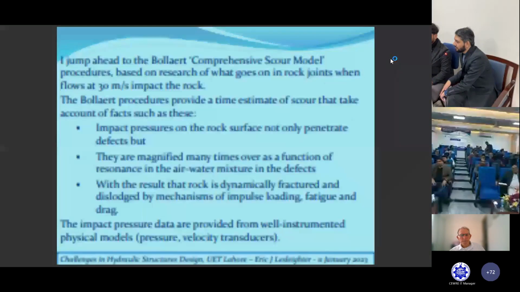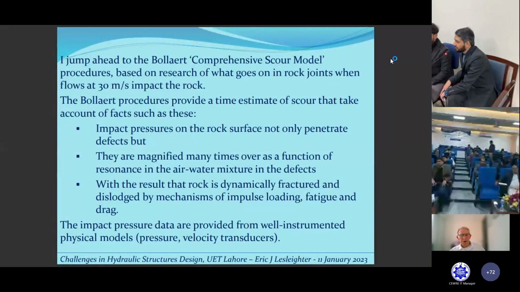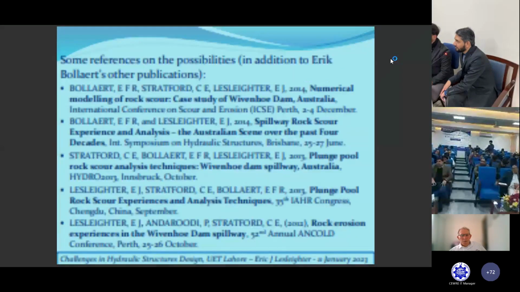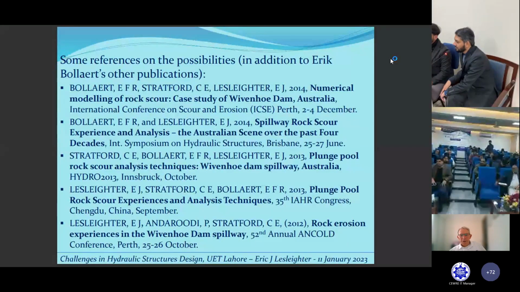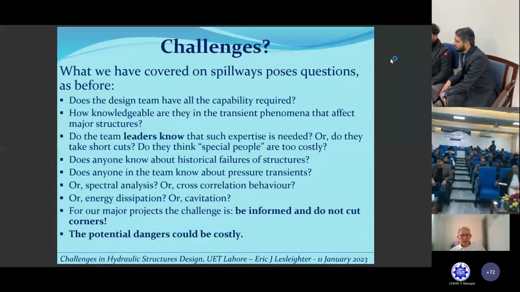Pressure transients, spectral analysis, cross-correlation, energy dissipation, cavitation. For our major projects, the challenge is to be informed and not cut corners. The potential dangers in hydraulic structures if we don't get it right, as a lot of structures have failed. And of course, we've learned a lot from failures.